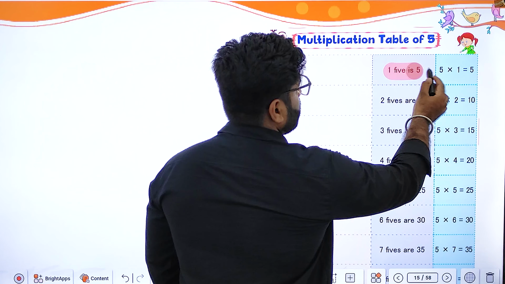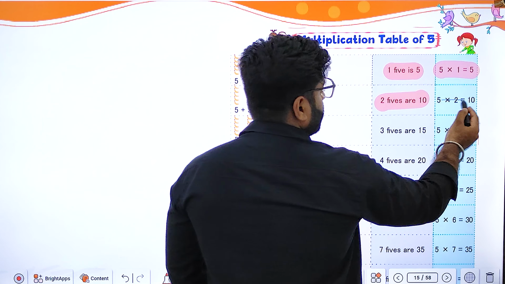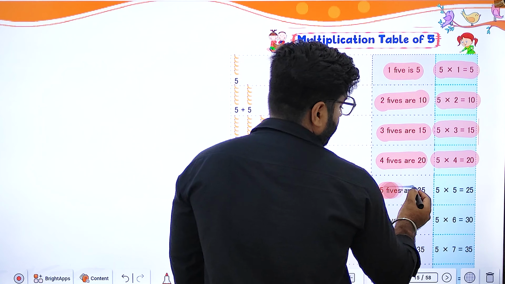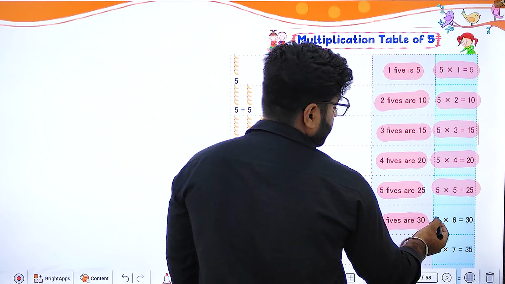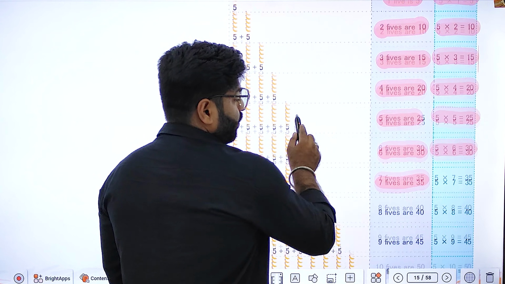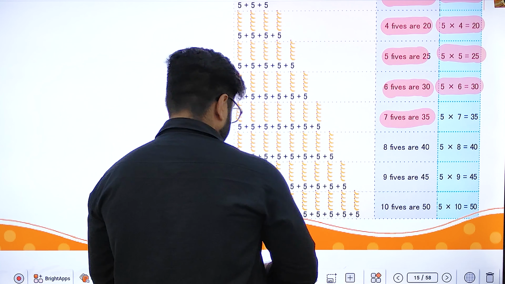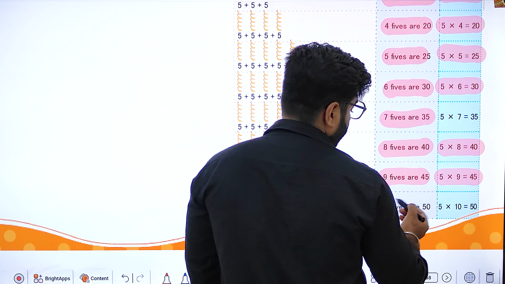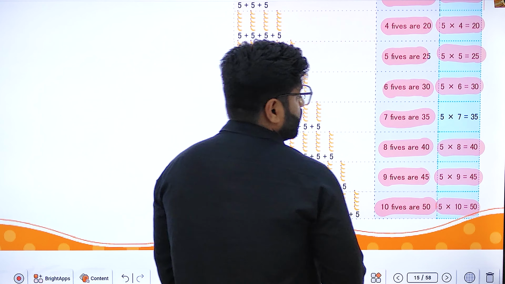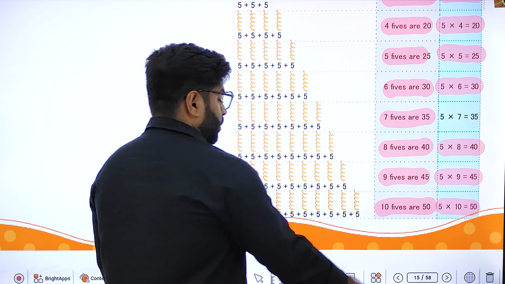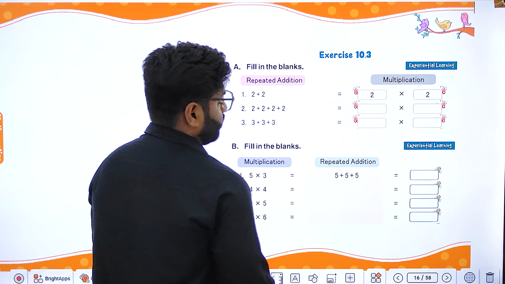That is 1 5 is 5, 2 5s are 10, 3 5s are 15, 4 5s are 20, 5 5s are 25, 6 5s are 30, 7 5s are 35, 8 5s are 40, 9 5s are 45, 10 5s are 50. So in this way, you are going to learn the tables from here. Come to the next part.